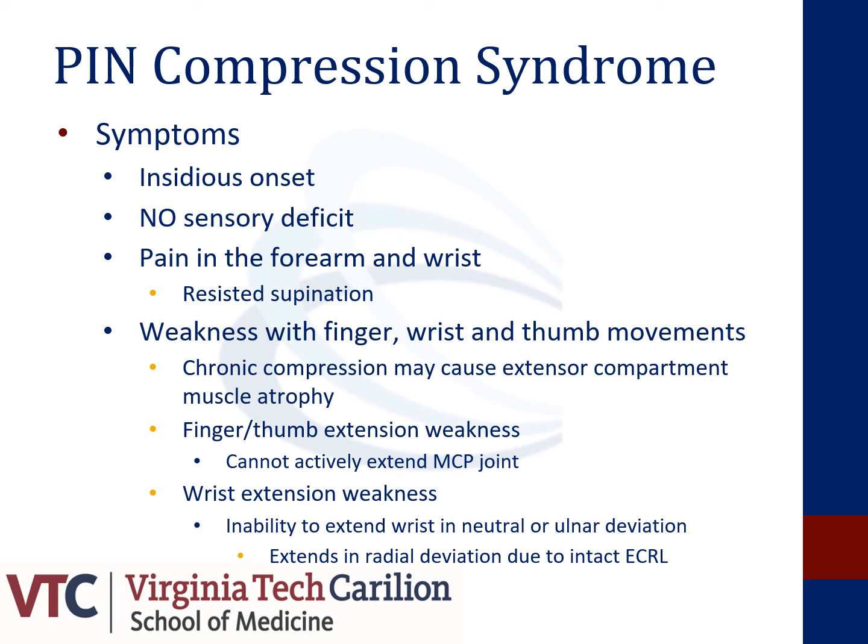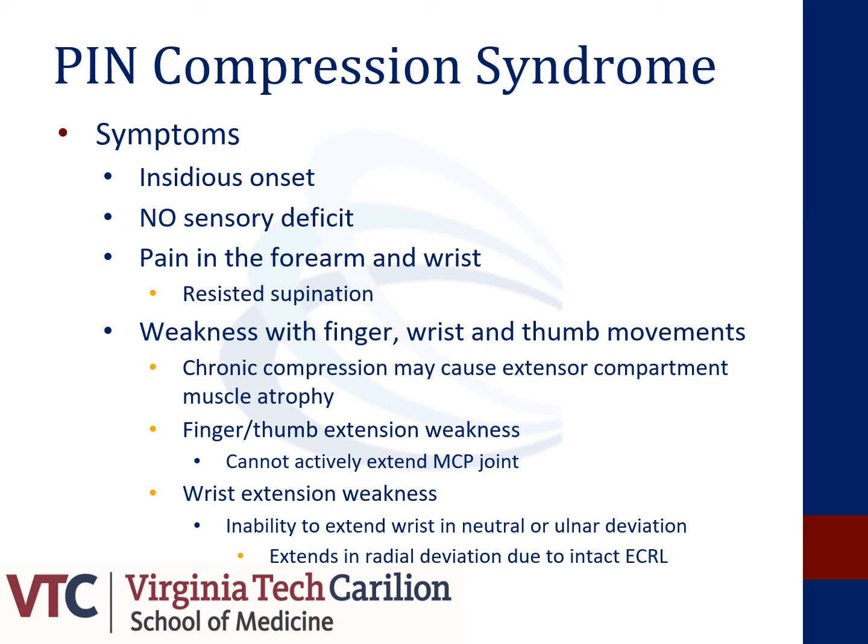As a result of this weakness, patients will note difficulty with finger and thumb extension. On clinical exam, that will be seen as an inability to actively extend the MCP joints. With regards to wrist extension weakness, it is important to note that because the ECRL is innervated by the radial nerve proper, the patient will still be able to extend their wrist.